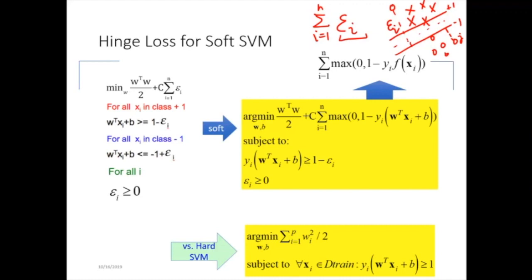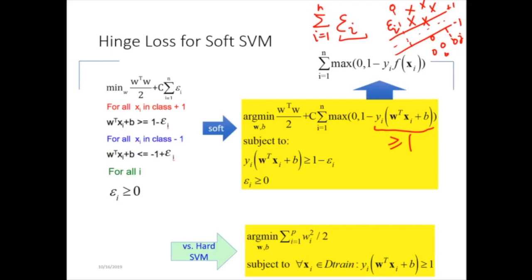If your yi times the f of xi, which is W transposed x plus b, if it's correctly predicted, what should be the number? Larger or equal to 1, right? Those are correct points. If they are correctly predicted, what will be this whole thing, 1 minus that? It is negative, so max 0 and that negative contributes 0.